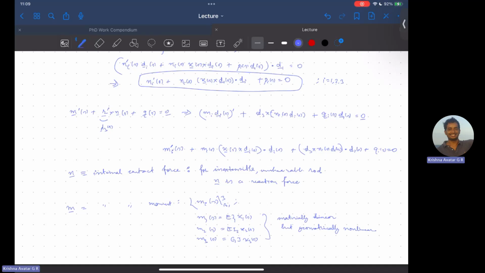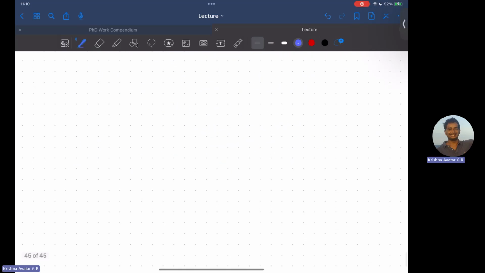Although they seem to be following the linear bending laws, if we really go deep into it, we can clearly see that kappa 1, kappa 2, and kappa 3 are nonlinear terms, because the structures can undergo large deformations while still retaining small strains.